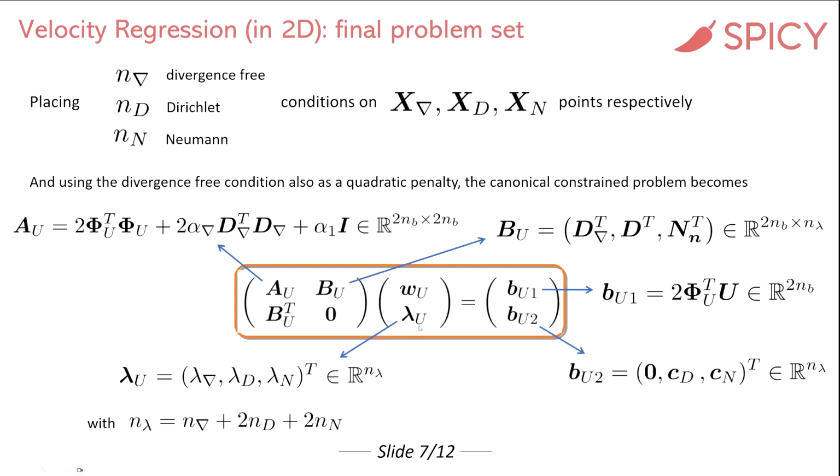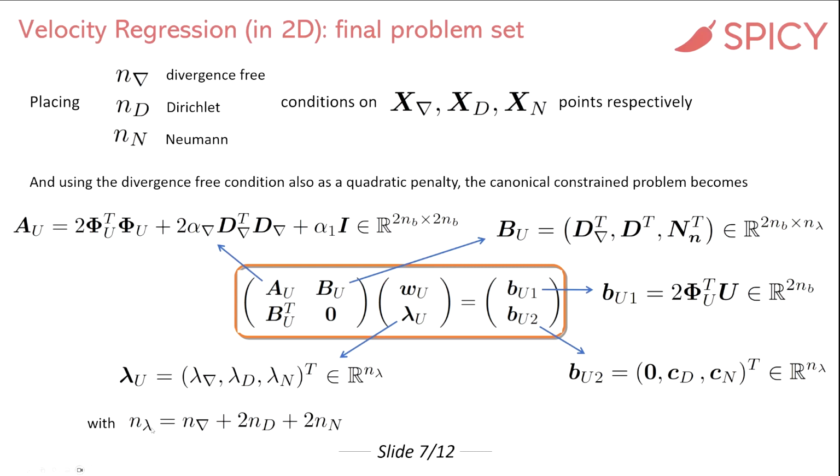In the constraints, we have all the linear operators related to the constraints that we have discussed before, so D_nabla, D, and N. On the right hand side, we have the usual projection of our target on the basis, and the usual vectors that are on the right hand side of our linear constraints. And the unknowns are, of course, the vector of weights and the vector of Lagrange multipliers.